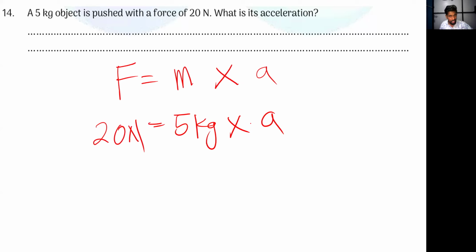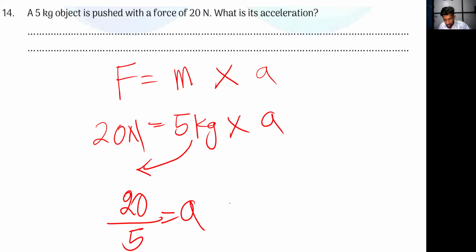If you want to find the acceleration, what will you do? You will bring this 5 here, so 20 divided by 5 will be equal to A, that is 4 meter second minus 2. This is the way to do the question.